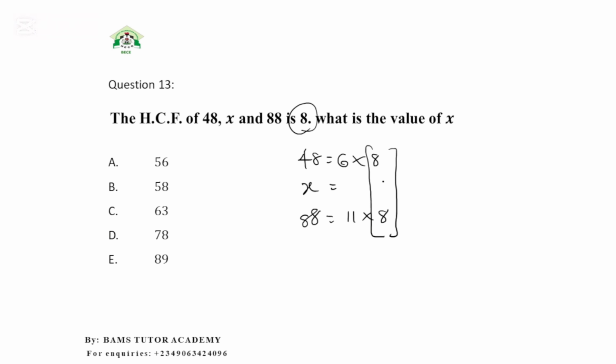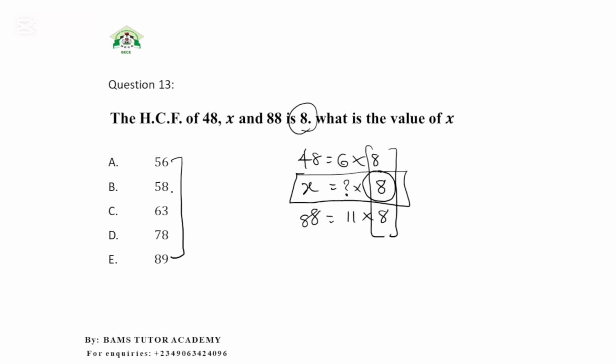That means x should have a factor of 8 in it. Now what this is, I don't know, but I can get what this whole thing is if I can know what this is. My point is, whatever x wants to be, it has to be a multiple of 8, right? Because there's 8 times something is x, right?